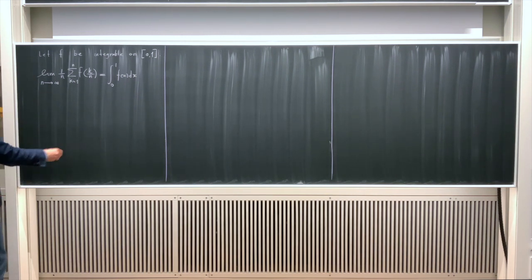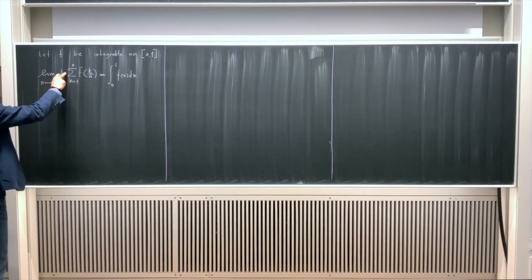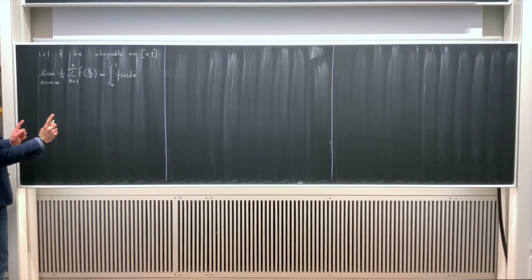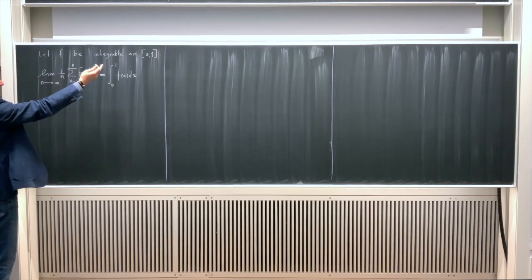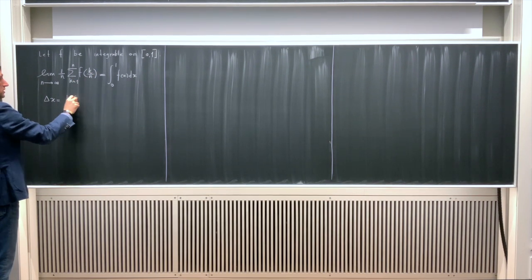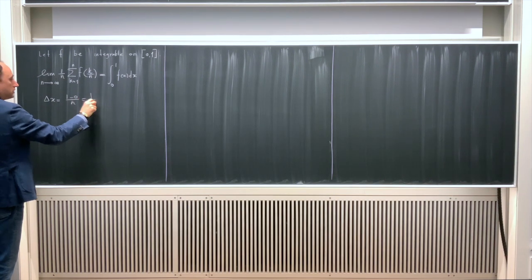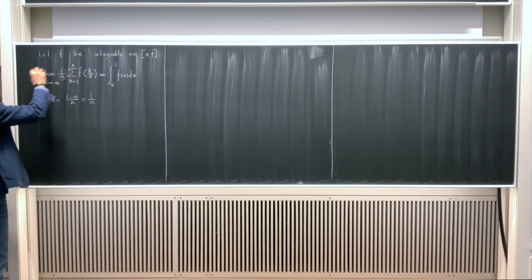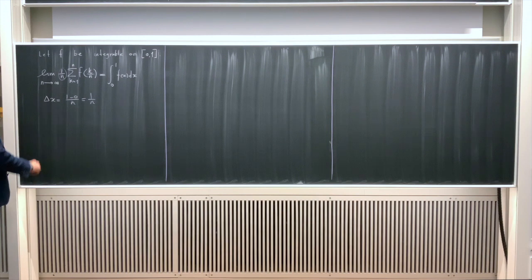How should I know that? For example, this 1 over n is some indication about the length of each subinterval. So in this case, apparently it seems that this is a regular partition. So delta x is 1 minus 0 divided by n, which is 1 over n. So this guy probably can play the role of my delta x.